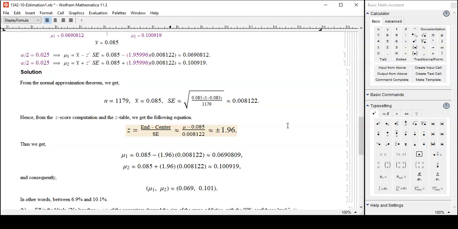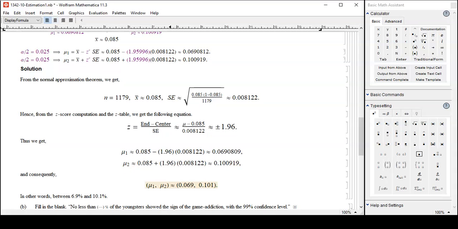Plus or minus because of the symmetry. Remember, normal picture is symmetric. So from minus 1.96, we get this. From plus 1.96, we get that. And then you end up with this interval. About 7% to 10%, or 6.9% to 10.1%.